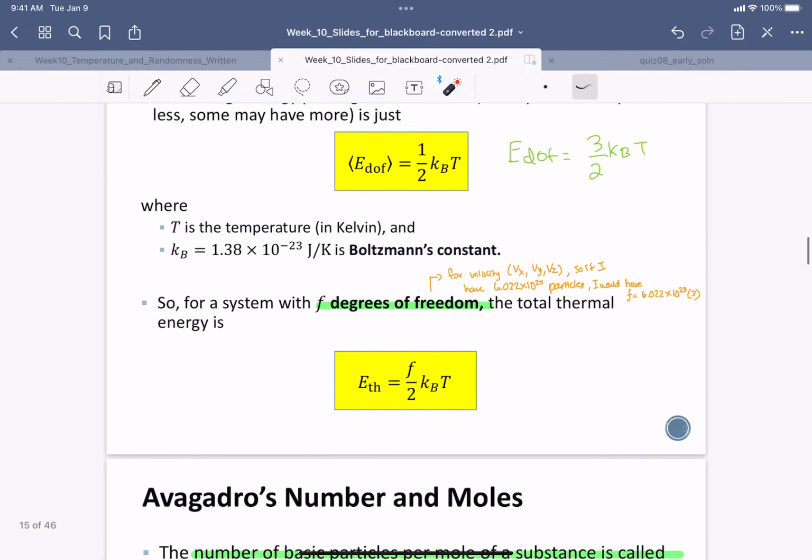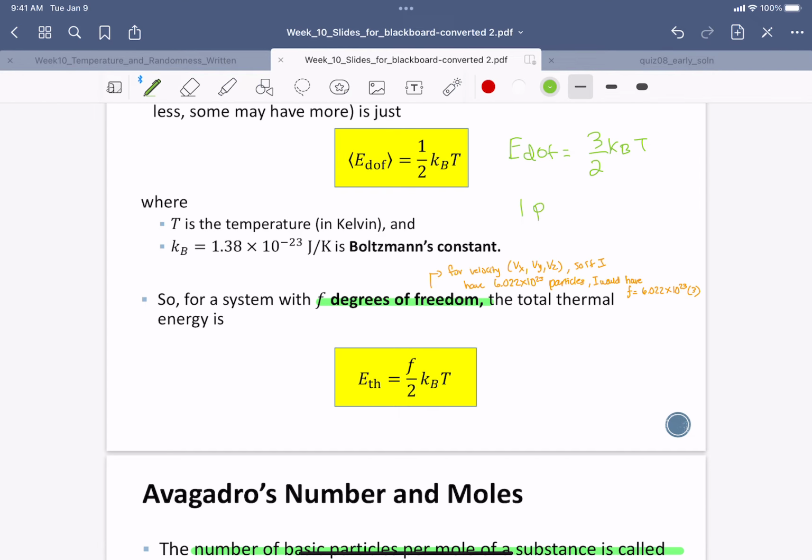We know that one molecule of an ideal gas has 3 degrees of freedom. So how many degrees of freedom would 1 million particles have?